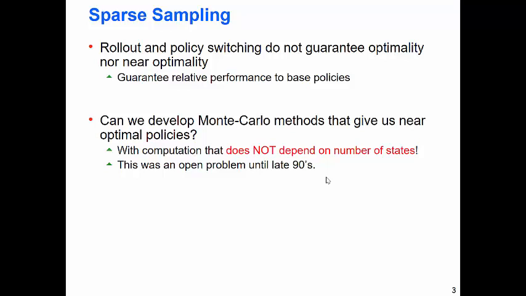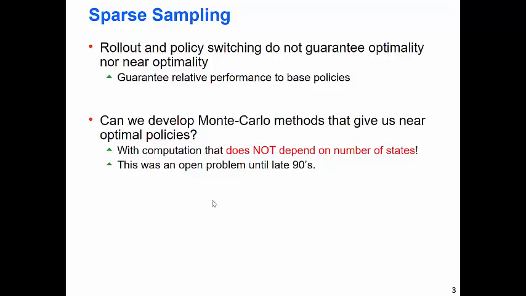That was just a question people were curious about. We know we have polynomial time algorithms that scale in terms of the size of the state space, like value iteration, policy iteration, or linear programming. But we don't want them to scale in terms of the size of the state space.